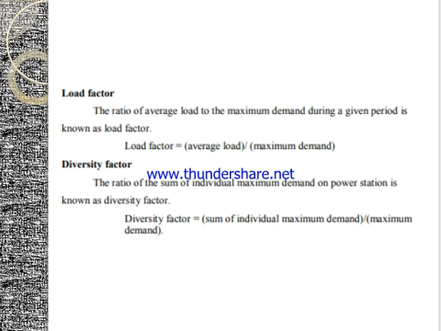This shows how the variation is there while considering the individual maximum demands. So these are the ideas of load factor and the diversity factor.